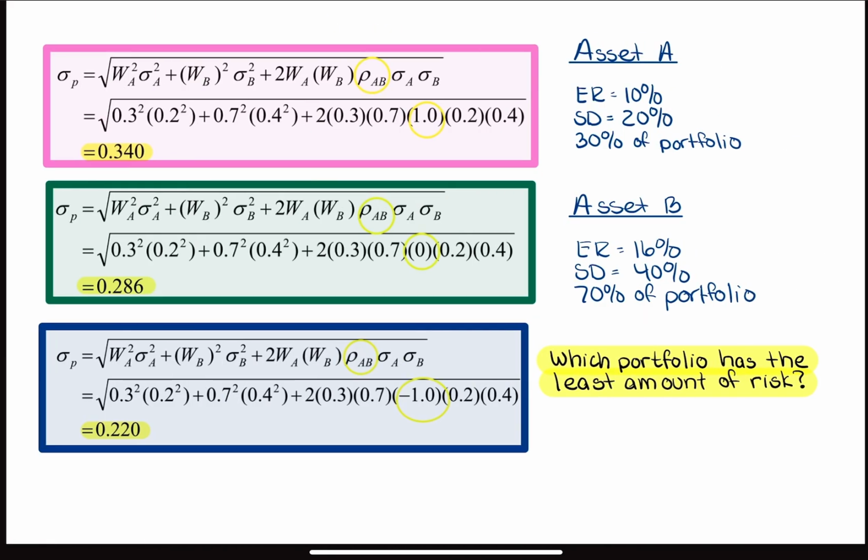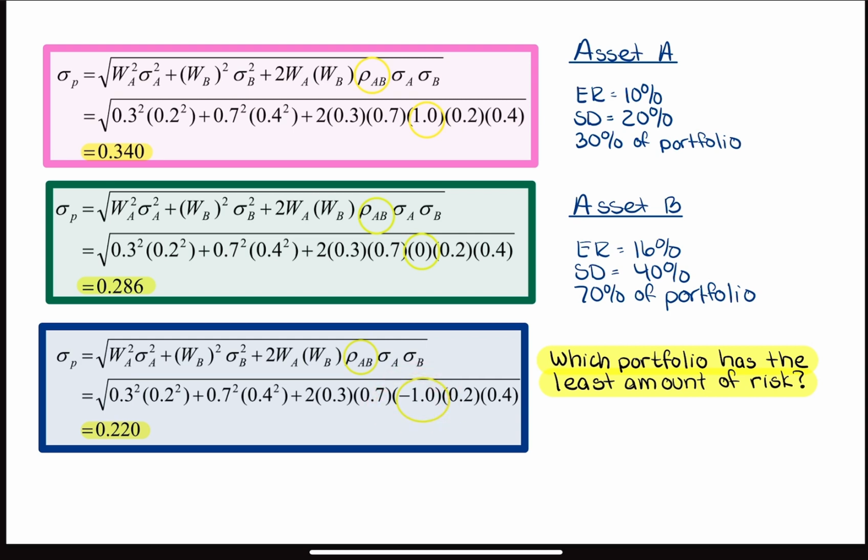So if we compare these, we can look at the standard deviation of each example based on the correlation. We have the same assets, the same part of the portfolio. The only thing that's different here is the correlation of the stocks.